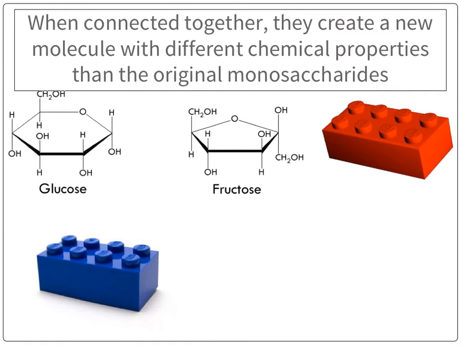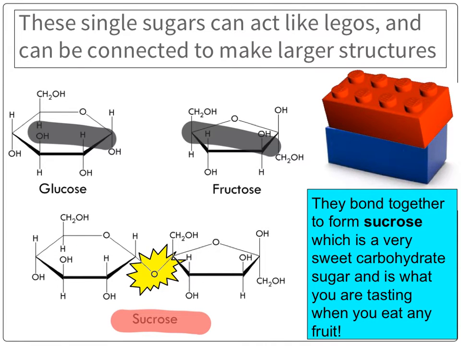Beyond making larger structures, when glucose and fructose get connected to each other, they will have different chemical properties than the original monosaccharides when they're by themselves. So when glucose is by itself, it's different from fructose when it's by itself. It would taste slightly different and that type of thing. And when the two combine, they will become this new molecule called sucrose. Okay?